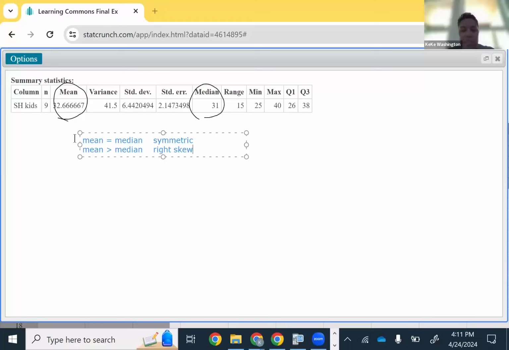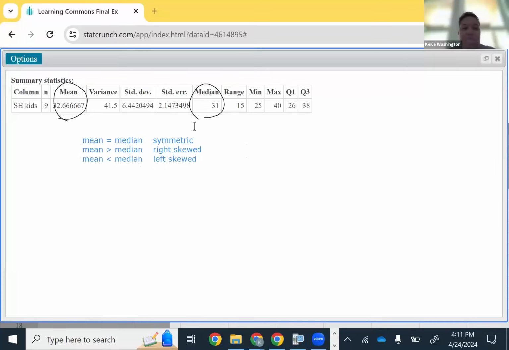So anytime you have a difficult time seeing the shape of the graph, this is what you can do. Just make these comparisons. And if that mean is less than that median, your distribution will be left skewed.